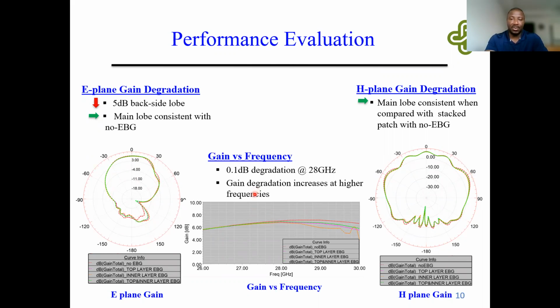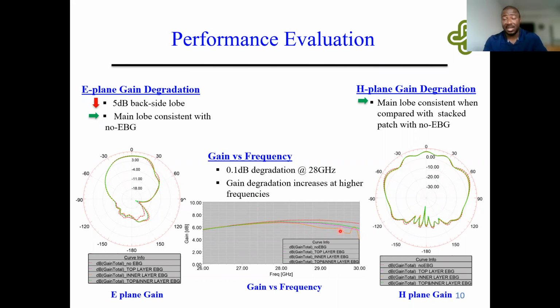On the other hand, the overall gain versus frequency of the antenna element is consistent up to 28 gigahertz. And there is a decrease in gain performance resulting from mushroom EBG at frequencies above 28 gigahertz.